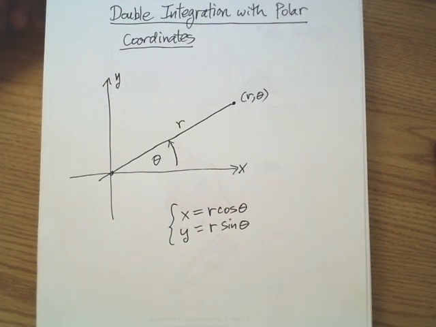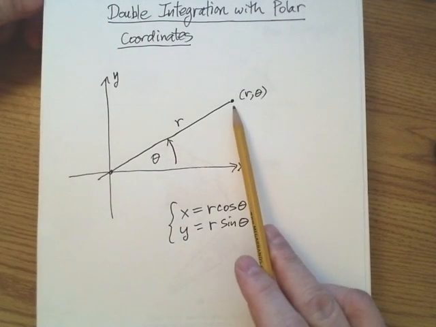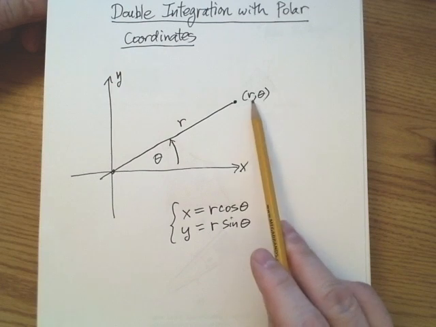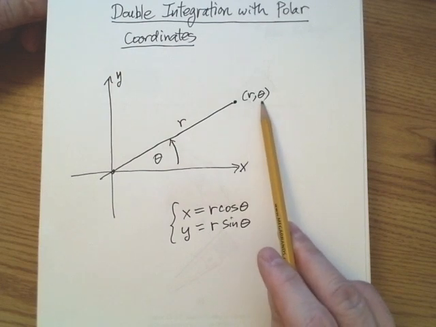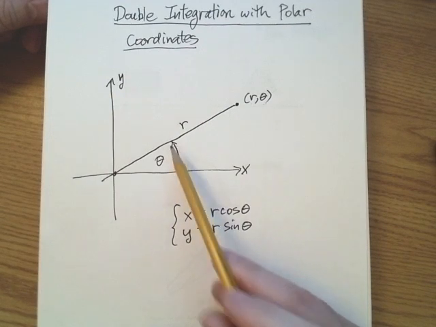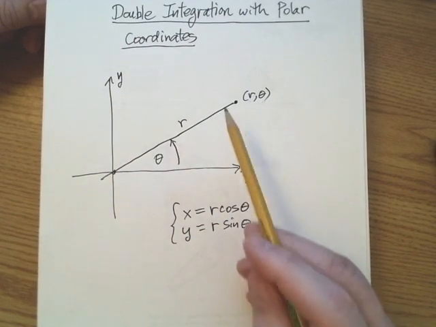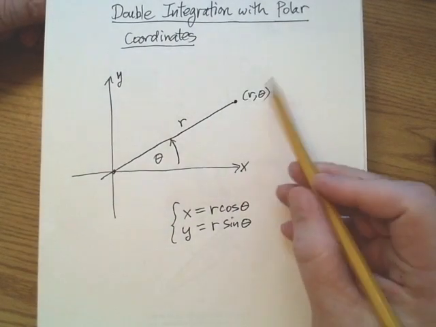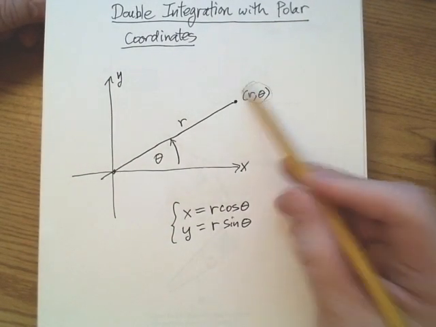If you remember polar coordinates from Calculus 2, every point in the plane can be characterized by two coordinates, r and theta, where r is the distance from the origin, and theta is the angle measured from the positive x-axis to the ray emanating from the origin and terminating in the point itself. R and theta, if you remember, are not unique.